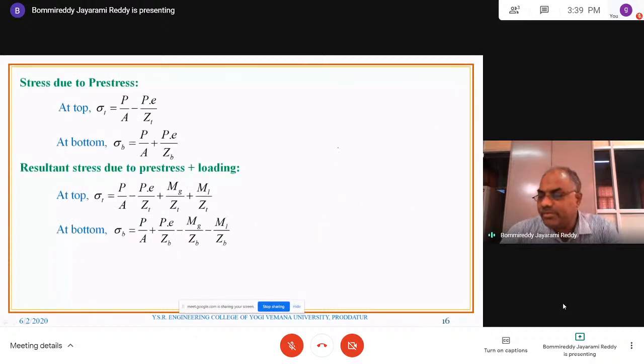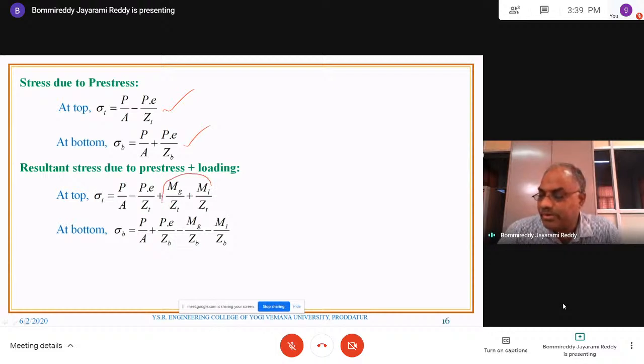The questions in the examination may be, what is the stress due to pre-stress at the top and at the bottom? Because of the pre-stress only, at the top is sigma t, and because of the pre-stress only, at the bottom; these are the two values, two equations. And sometimes the resultant stress due to pre-stress and also loading. All the four terms will come into the picture.